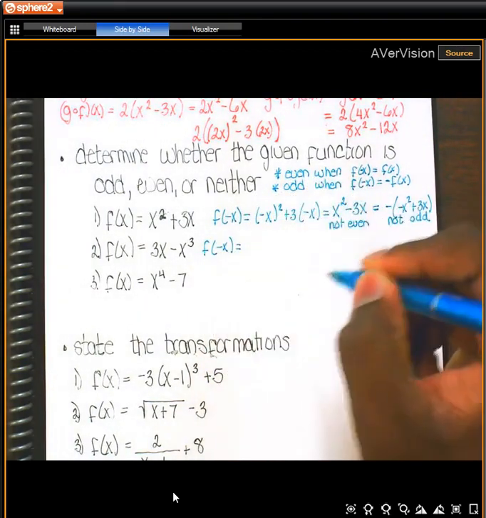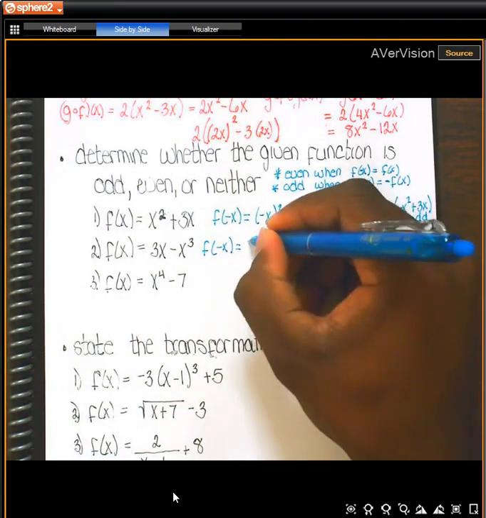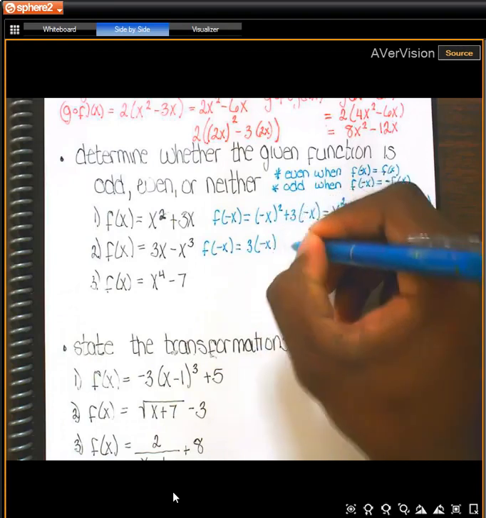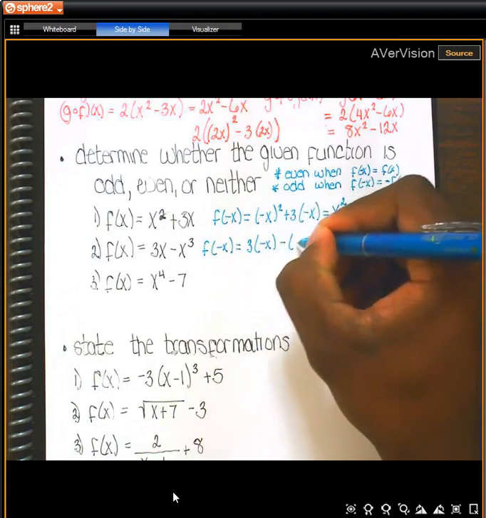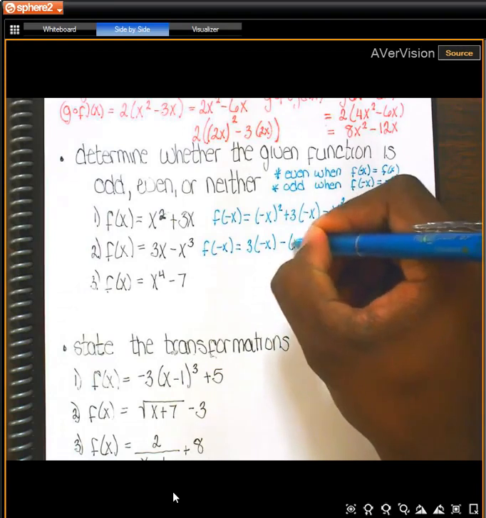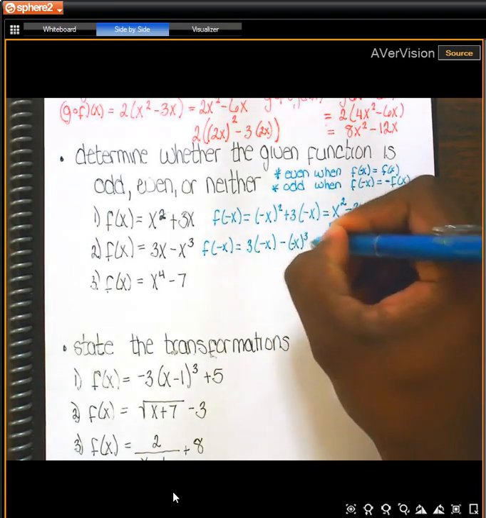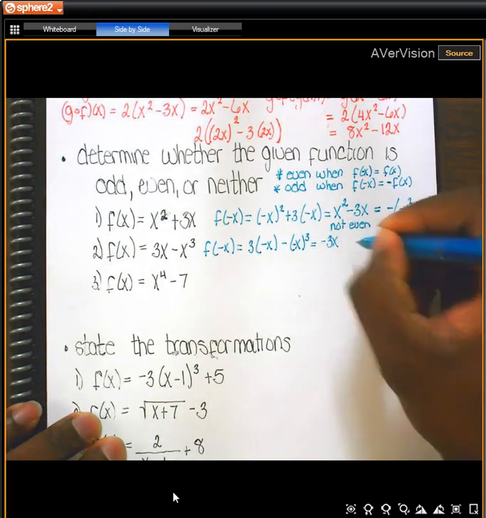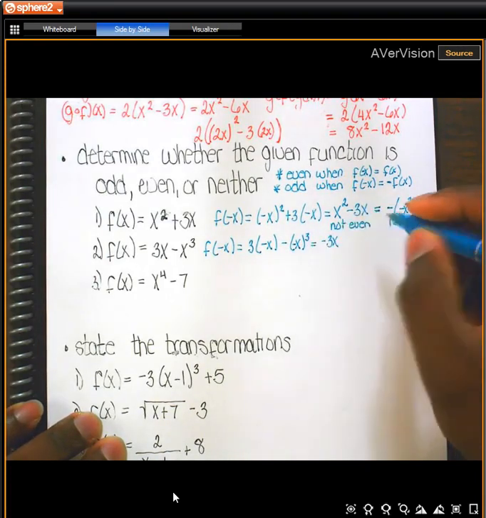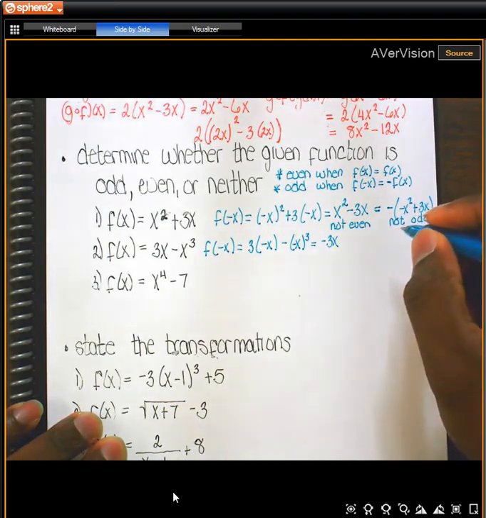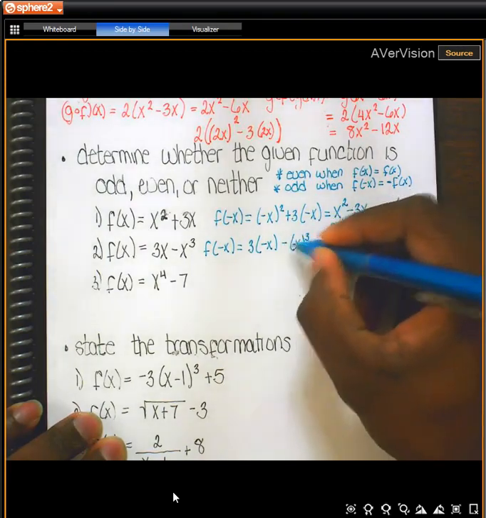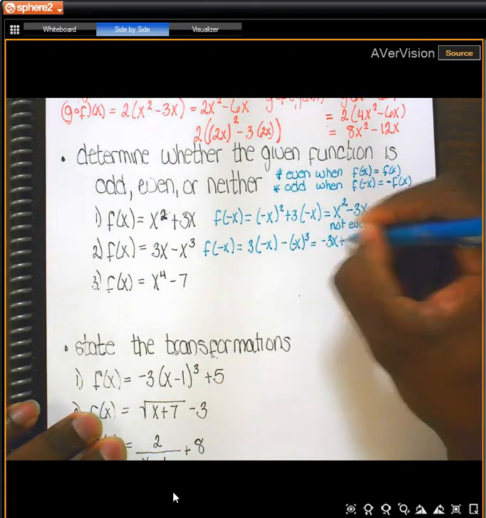All right, what is f of negative x for this one? We get negative 3x. What's negative x cubed? Yeah, so negative x cubed just stays negative, so these two negatives cancel out and it becomes positive.